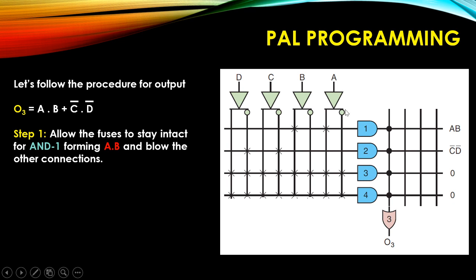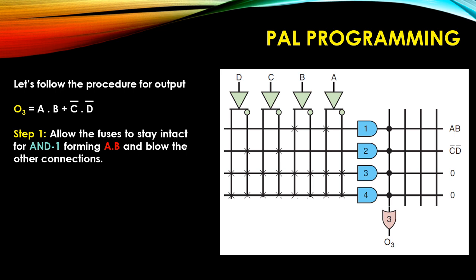So here, if we want the output of AND gate 1 to be A, B, and we don't want C or D or any other combination, then we have to remove the fusible links from the others and only allow B and A to be the input of AND gate 1.